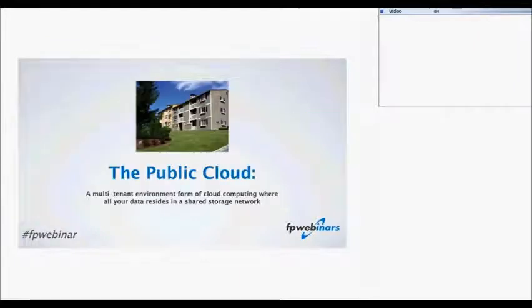What is the public cloud? It's a multi-tenant environment that different organizations and individuals use to utilize shared resources, such as data storage, processor speed, and memory utilization. To put that in perspective, I'm going to use an apartment analogy. Say you have multiple tenants that utilize different units within a building structure.